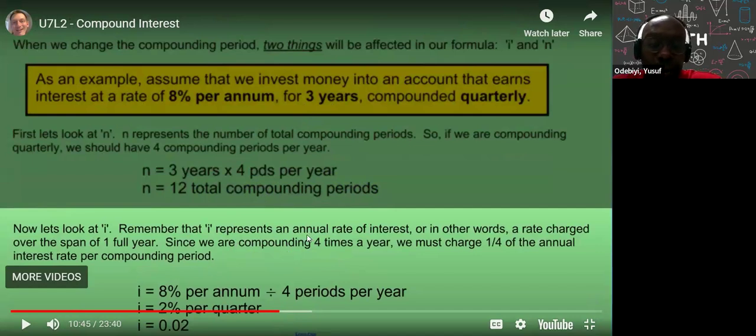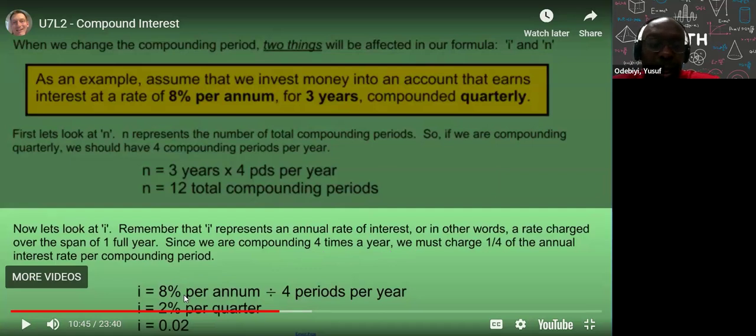If it's compounded yearly, you wouldn't do anything with the interest rate. But because you are compounding quarterly, you now have to do something with the interest rate.